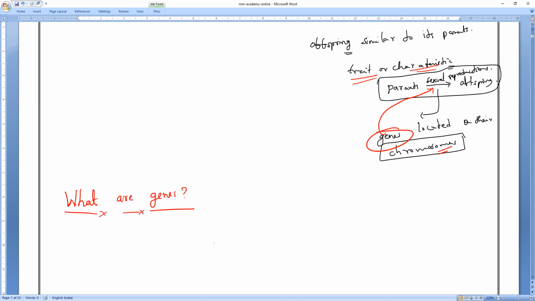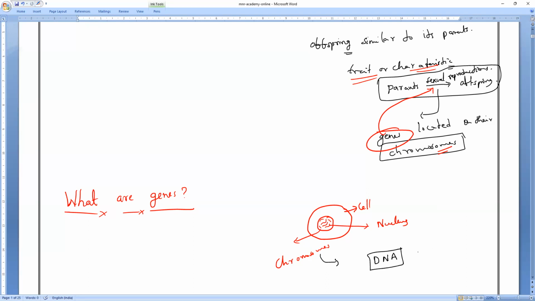If I take any kind of cell, we study what is the most important part of the cell. The cell is containing something inside. What is that? Nucleus. This nucleus contains thread-like structures, which we call chromosomes. Basically these chromosomes are DNA, deoxyribonucleic acid. This is what we call cellular DNA, which is present inside the nucleus of a cell.